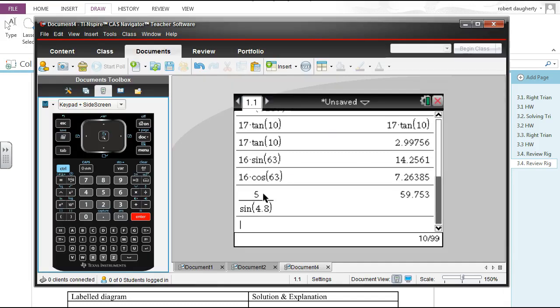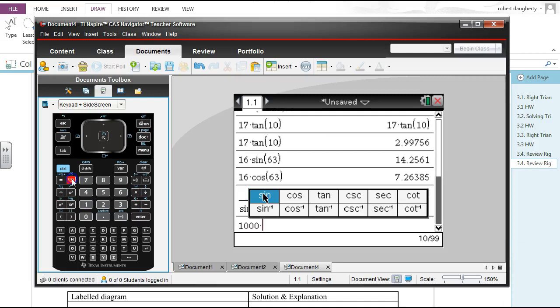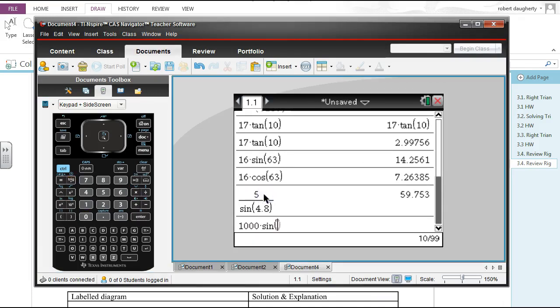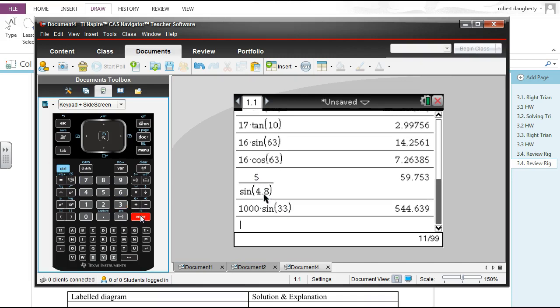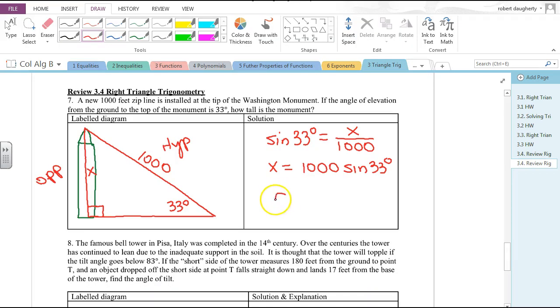On my calculator, that's 1,000 times the sine of 33, and that is 544.64 feet. That is the estimated height of the Washington Monument.